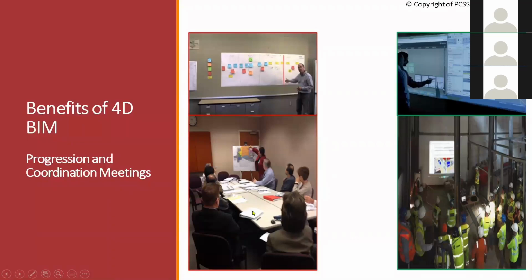And everyone looks very serious. And then on your right, you can see that they use 4D software in the meeting. You can see a group of people casually sitting down and just listening to the presenter explaining. So can you see the difference? And which way do you prefer?